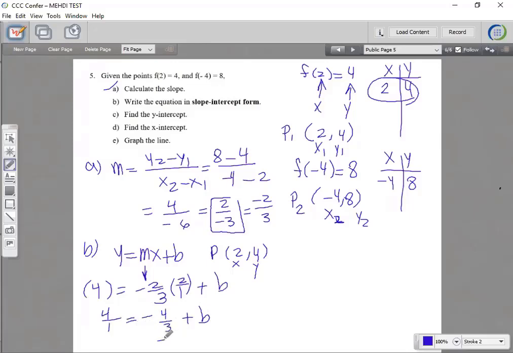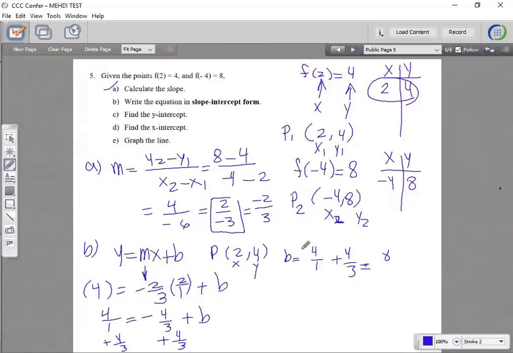To solve for b, I can add 4 over 3 to both sides of the equation. So b then would be equal to 4 over 1 plus 4 over 3. The LCD is 3.